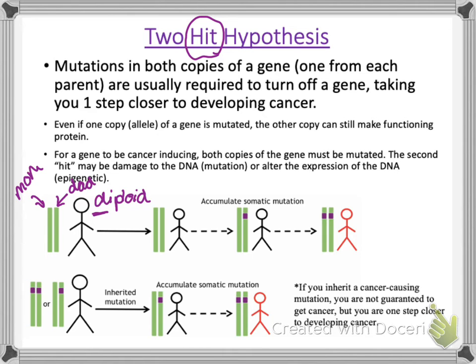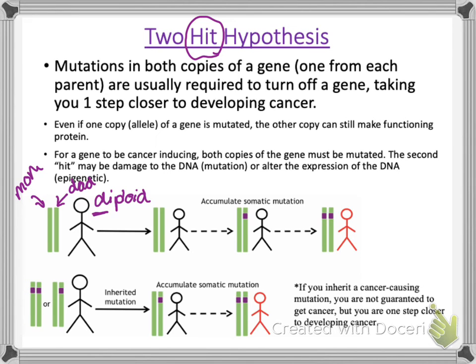Okay? Now what the two-hit hypothesis says basically is in order to knock out a gene, in order to fully make it a cancerous gene, you got to take out both of these copies.